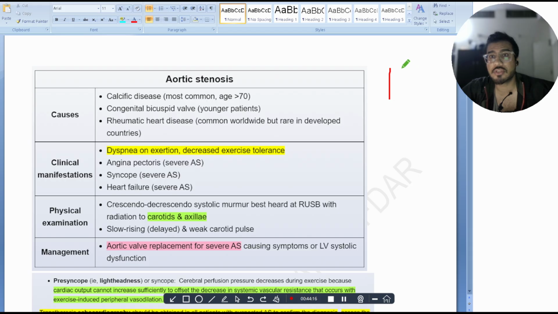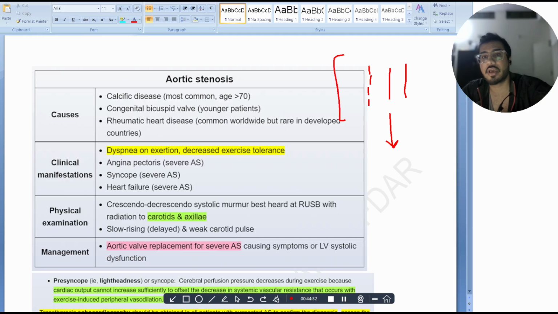So this is what the narrowed splitting would look like in inspiration. And usually the aortic valve closure is going to be here, but in aortic stenosis, it's going to get delayed. It's going to come here. This is what happens during inspiration.